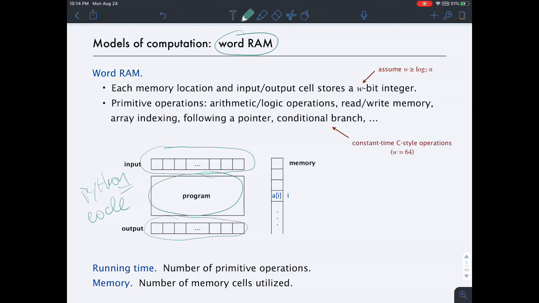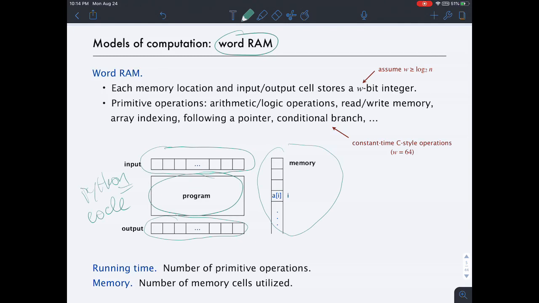The output array stores the final output of this program. Again, for the sorting example, the output array is supposed to contain the input array in sorted order. There is also a working memory. You can imagine that the program uses this portion of memory as its workspace.